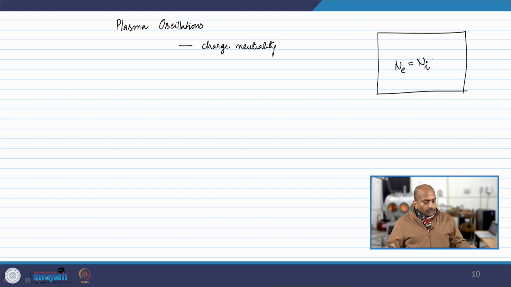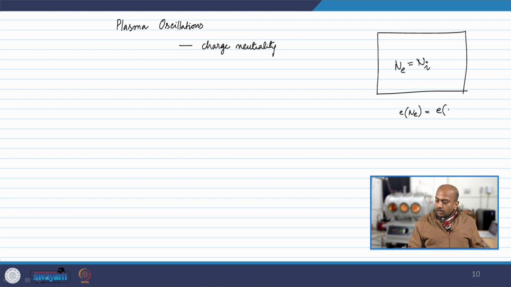So, the total charge from the electron density times the total number of electrons and the ions will be equal. This is what we call charge neutrality or quasi-neutrality.